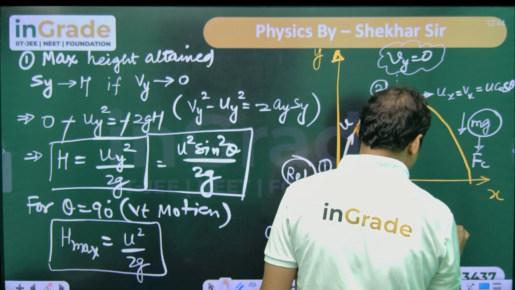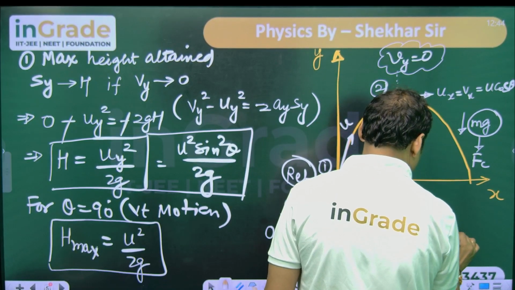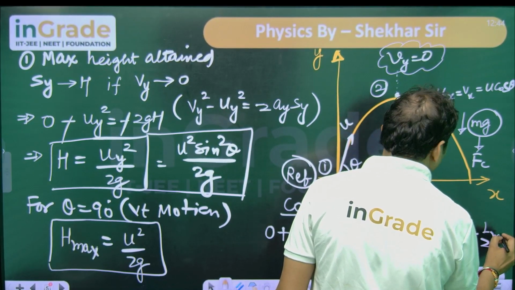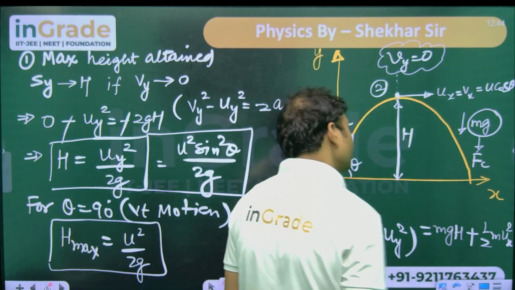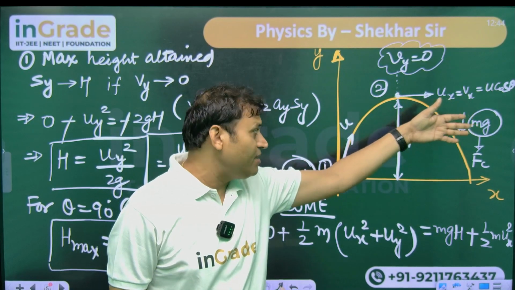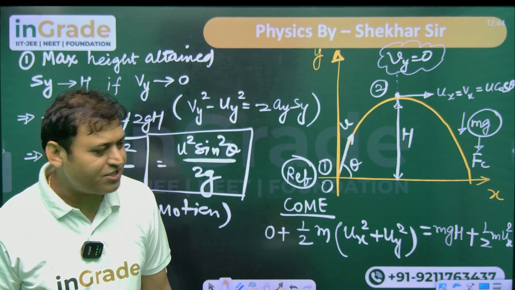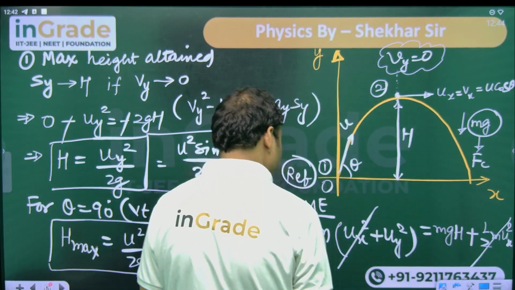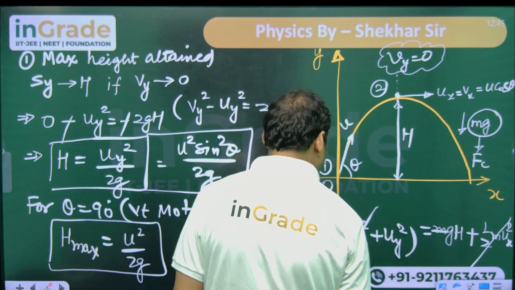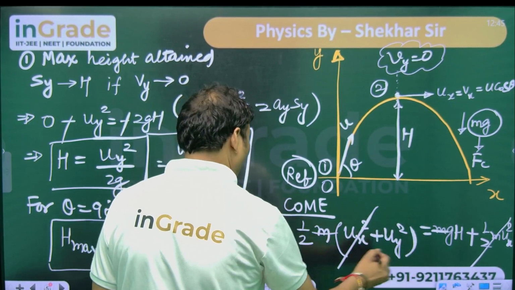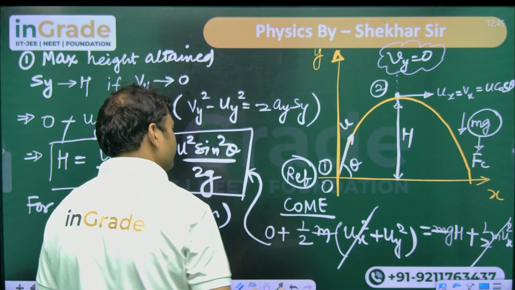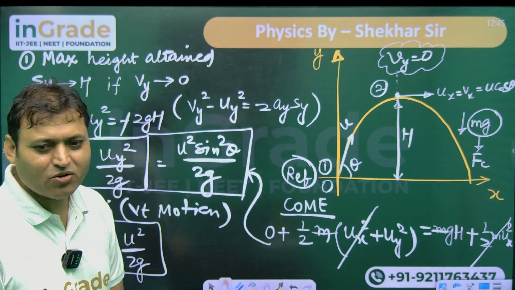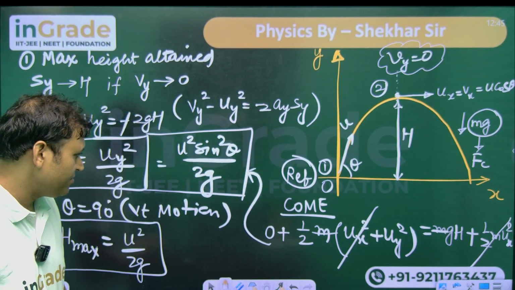So the potential energy of the particle is mgh plus half m ux square. There is no change in the velocity along x direction because there is no acceleration of the particle. So ux square will get cancelled out with this term, m will get cancelled out with this m. So h will be equal to uy square by 2g. That is another way of getting the same expression, because the work is done only by the conservative force, right?